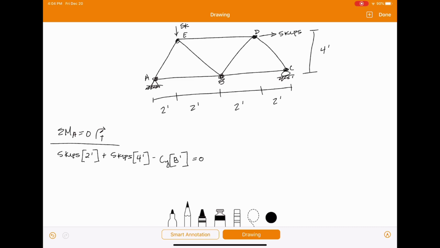If you solve for CY, you get 3.75 kips vertical.